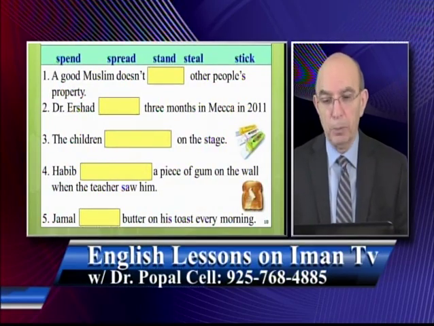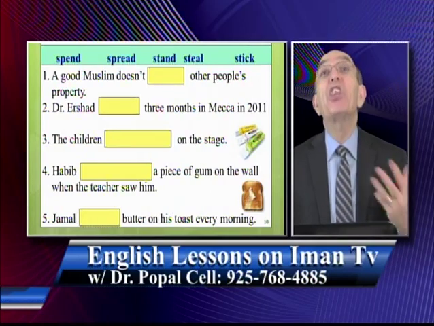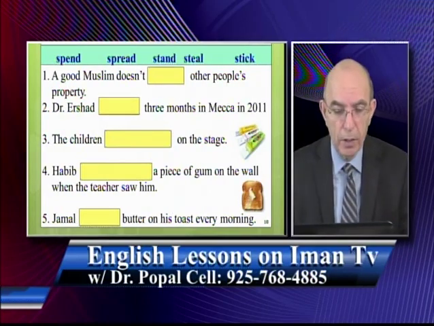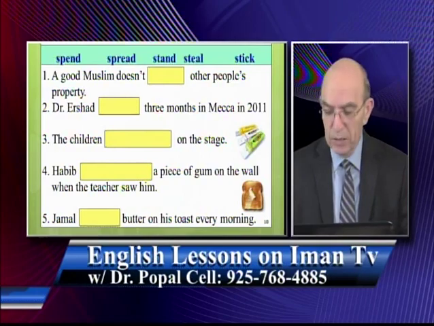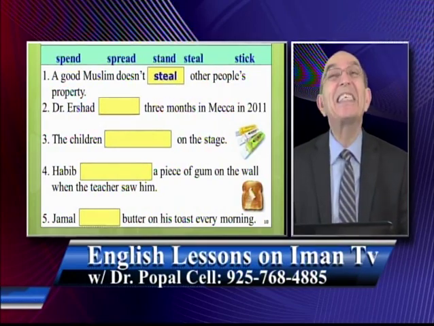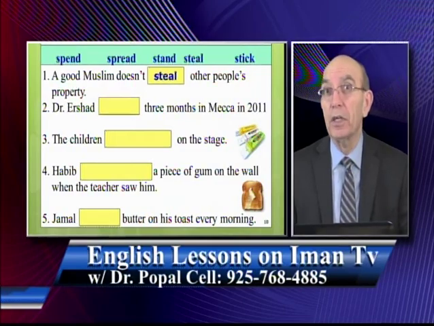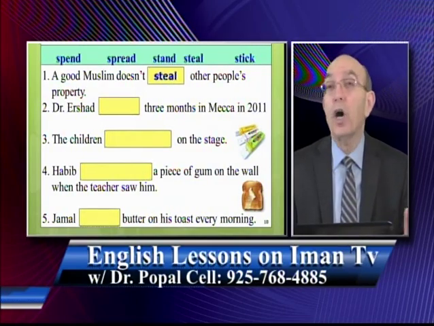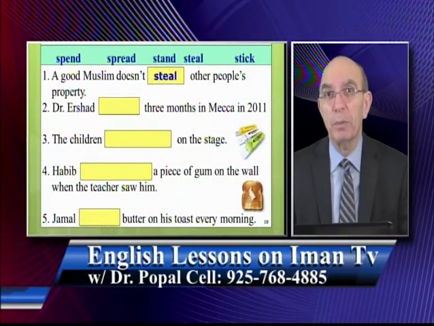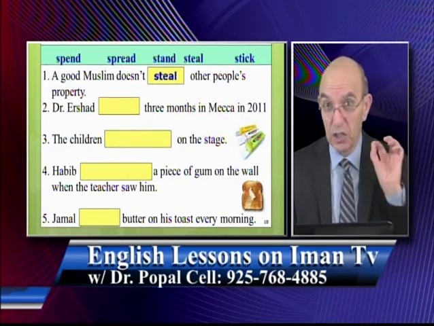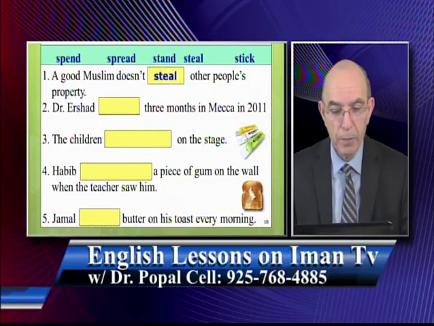Your children are not your property. So things, at least in English. A good Muslim doesn't what? Doesn't steal other people's property. Good Muslims all follow the rule of Quran, and Quran is against stealing other people's property. It tells us strictly, don't steal.